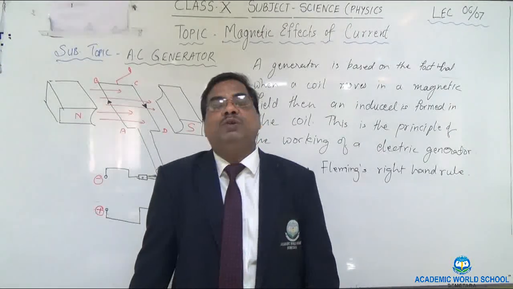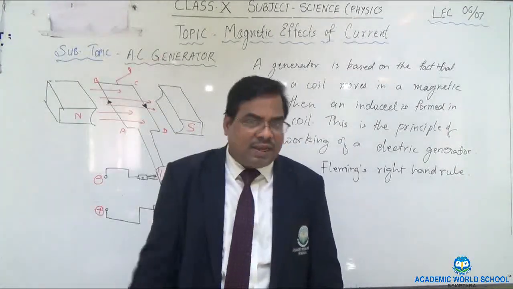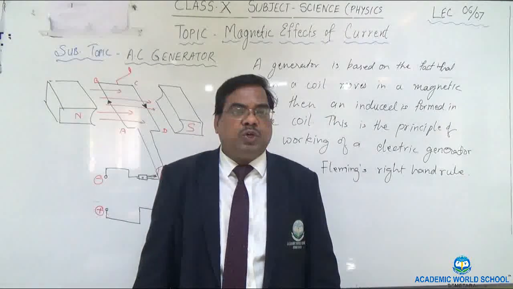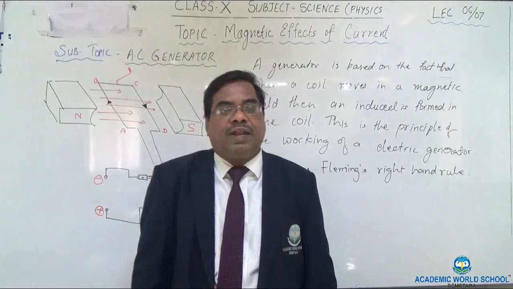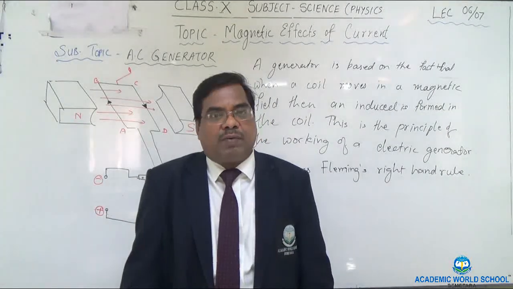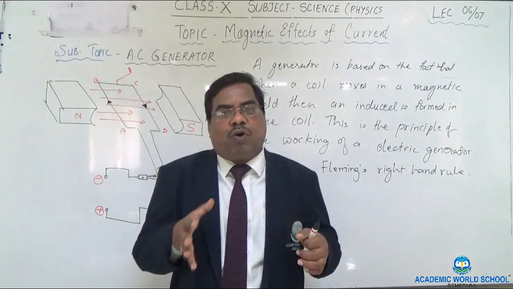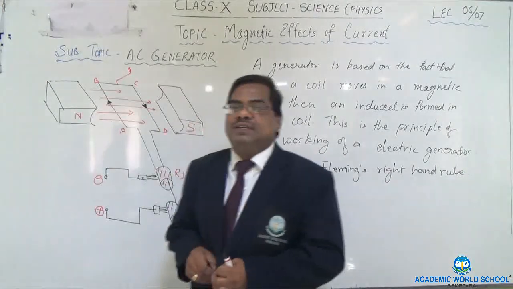But if you need to produce current on a large scale, the generators are very big, huge, and they are installed in some dam or thermal power station. But basically the construction of all the generators is similar.